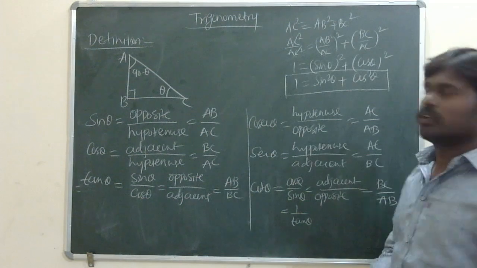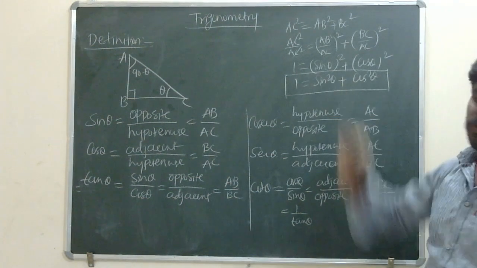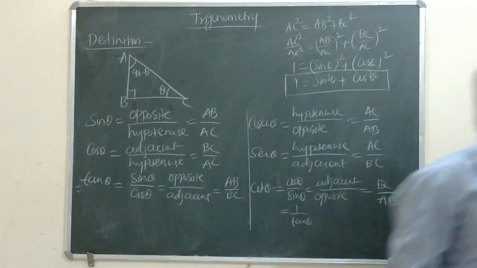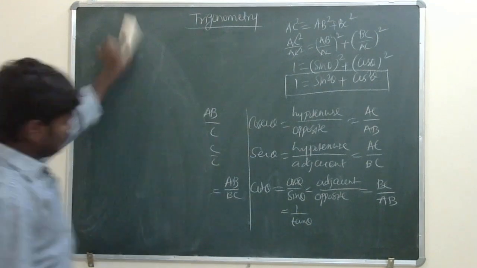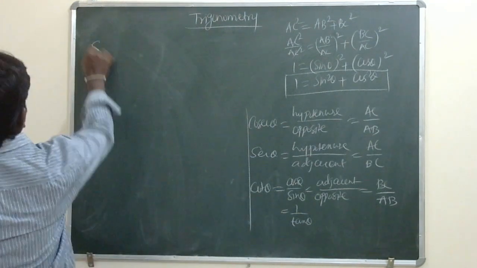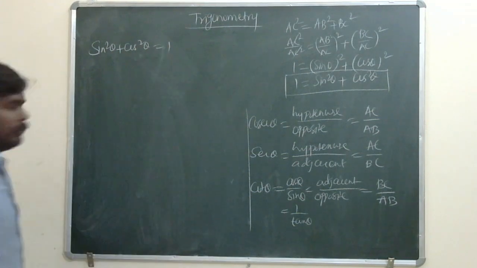This is the first identity. Okay, sin square theta plus cos square theta is equal to 1. So next what we have to do means here, already we have got sin square theta plus cos square theta is equal to 1.